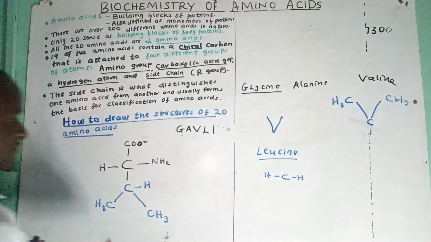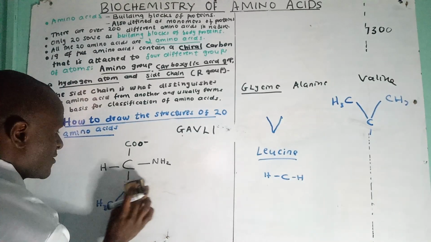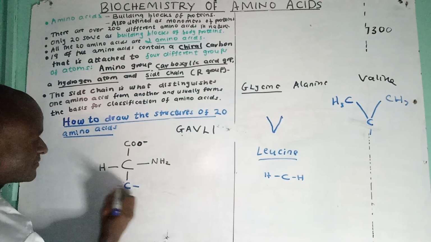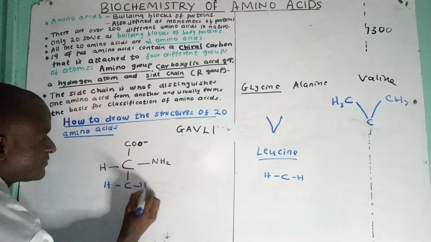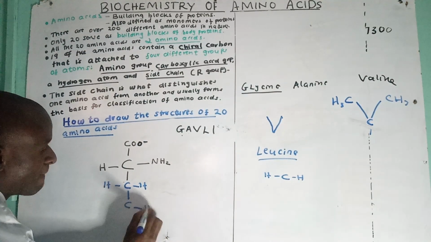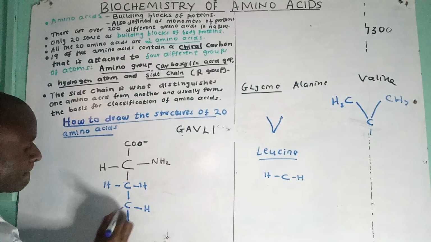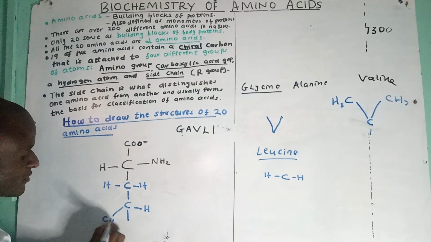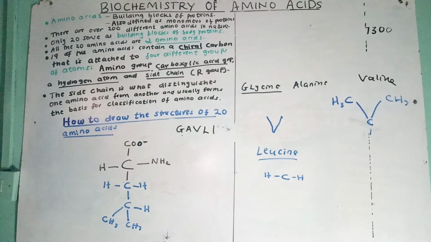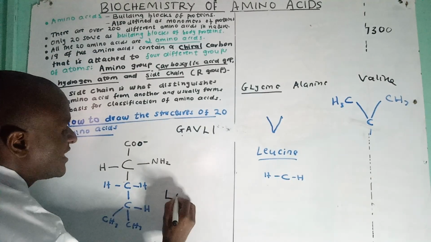Then you add it here. So it will be carbon, 2 hydrogen atoms. Then we take back our methyl groups like that. So that is leucine. Leucine is denoted as LEU.